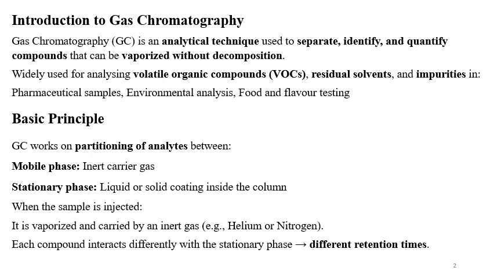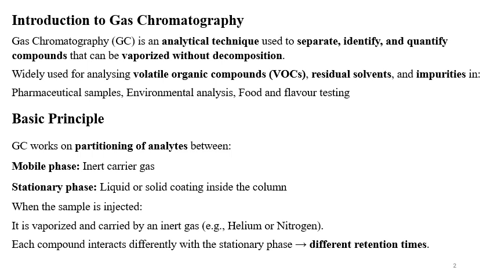The basic principle of GC is that it works on partitioning of the analyte between the mobile phase, that is an inert carrier gas, and the stationary phase, that is liquid or solid.